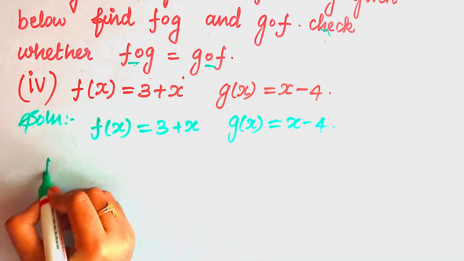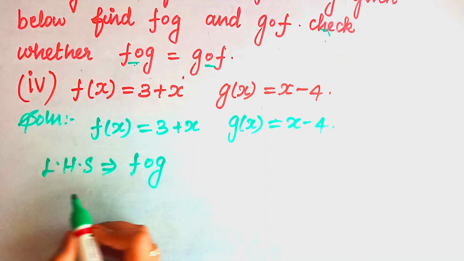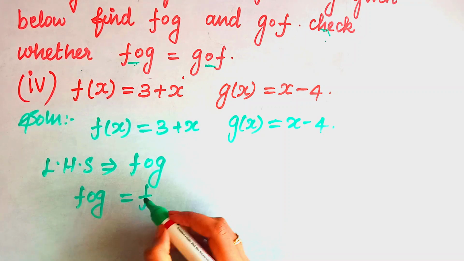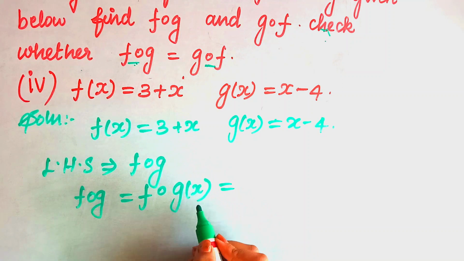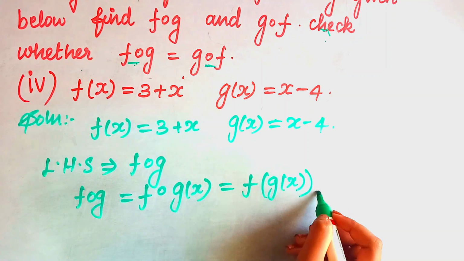For that, first let's take our left hand side, which is f dot g. So f dot g, by the definition we can write it as f dot g of x, and then by the definition you can write it as f of g of x, right?